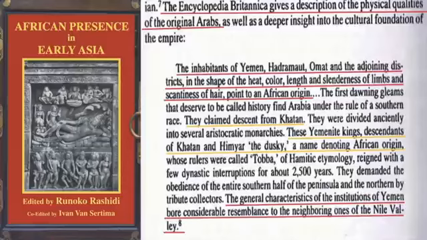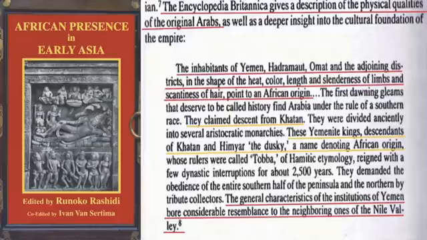So, this is from African Presence in Early Asia. It says the Encyclopedia Britannica gives a description of the physical qualities of the original Arabs, who will be Joktanites, and it says the inhabitants of Yemen, Hadramaut, Oman, and the adjacent districts, in the shape of the head, color, length and slenderness of the bones, and scantiness of the hair, point to an African origin. They claimed descent from Joktan.